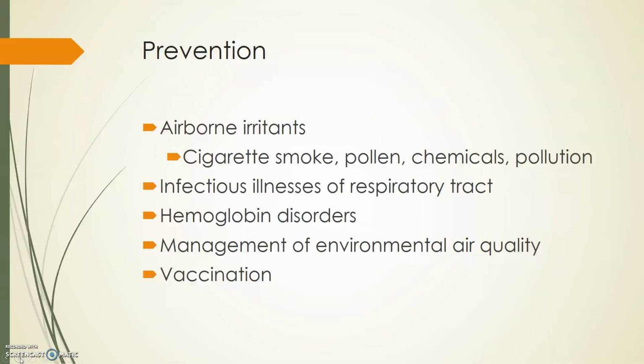Hemoglobin disorders such as sickle cell are going to also cause problems with the respiratory tract because there's not enough hemoglobin to carry oxygen to the brain, or the hemoglobin is misshapen and not able to carry the oxygen. Management of environmental air quality, we all should be very cognizant of that. Vaccinations, very important.